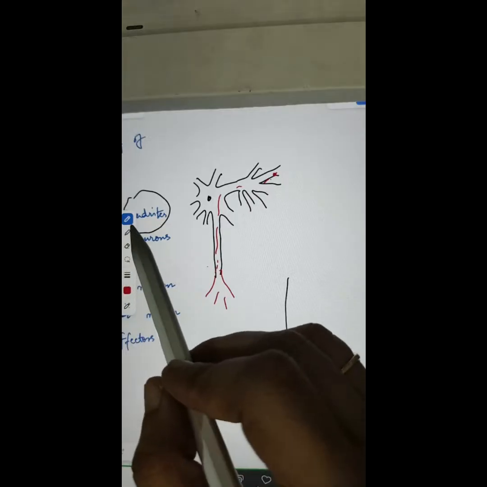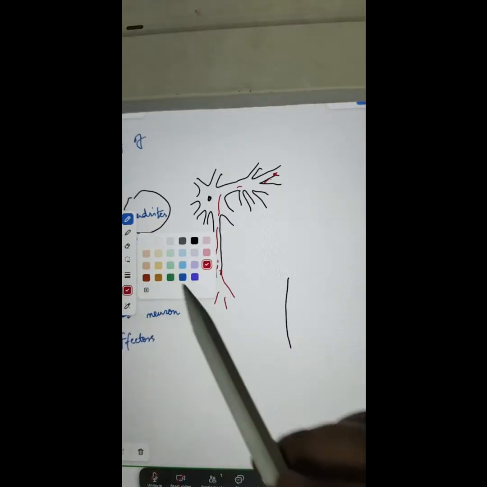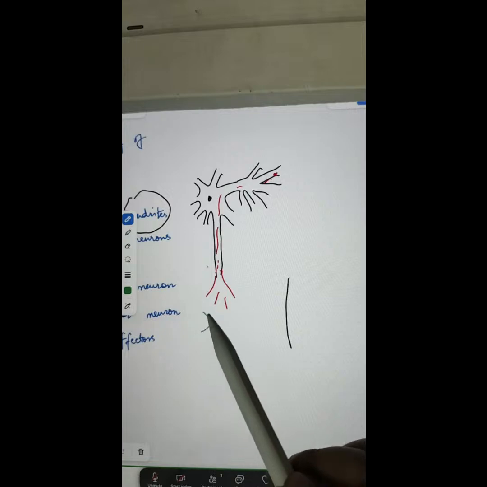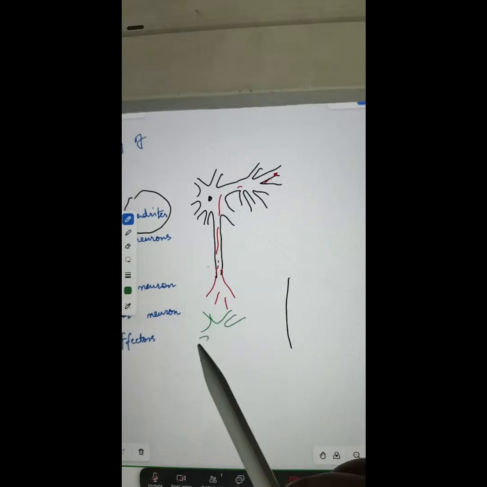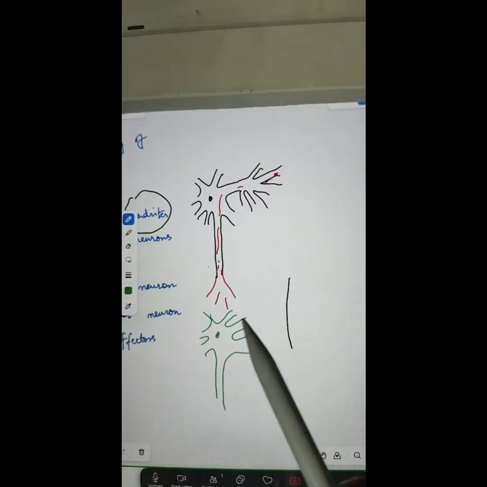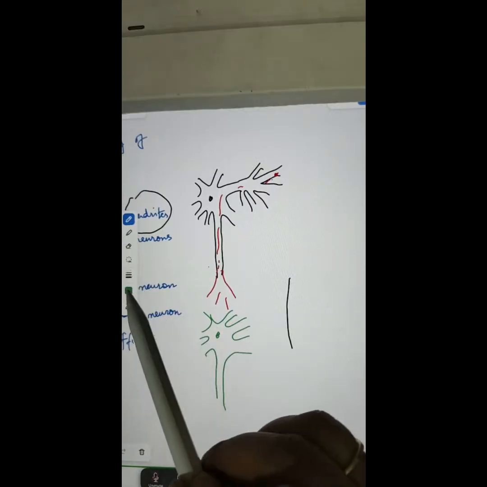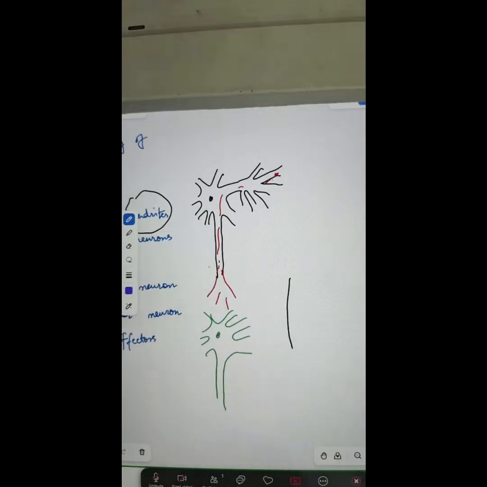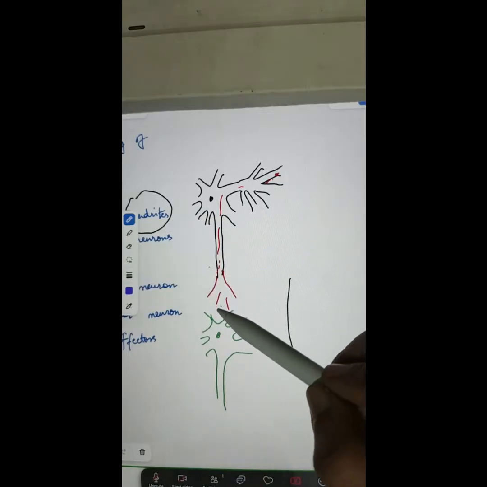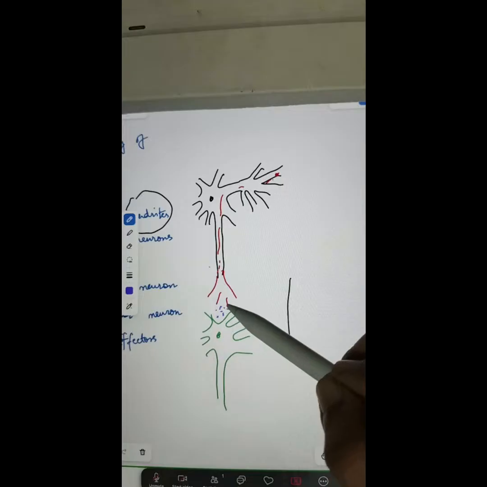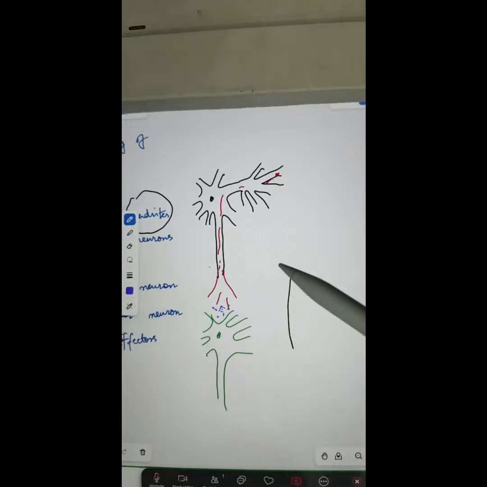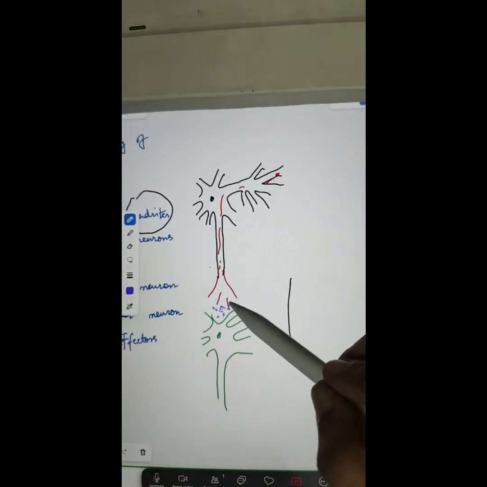Now, as we know, the neurons are connected one after the other. So here I am drawing another neuron so that it should be clearer to you. Now, as the impulse needs a crossing from one neuron to another, this chemical which I am drawing with the help of dots will be released, right?